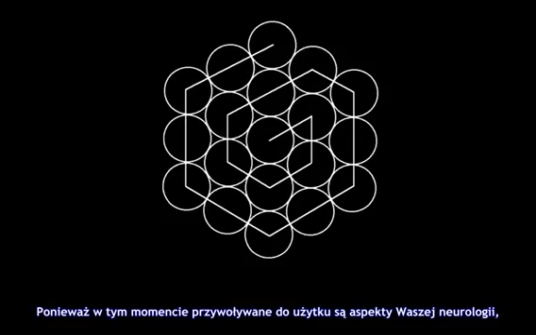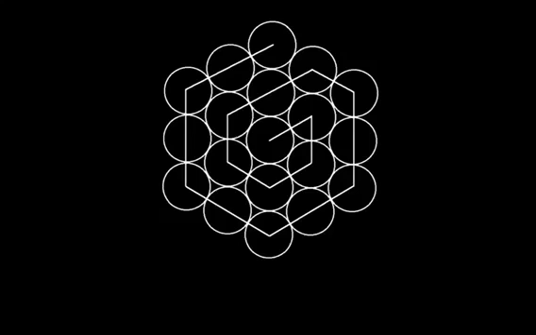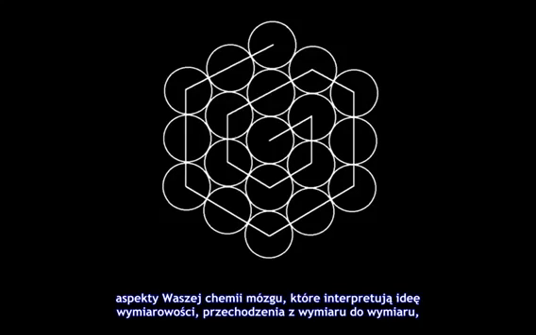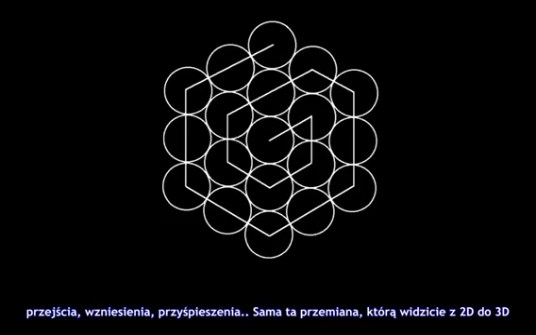Because what it's doing right then is calling upon the aspects of your neurology, the aspects of your brain chemistry that interpret the idea of dimensionality, of going from one dimension to another, of a shift, of an upliftment, of an acceleration, of an ascension.